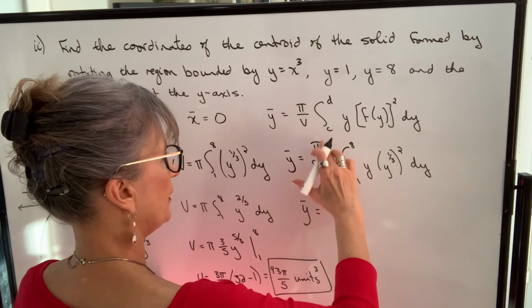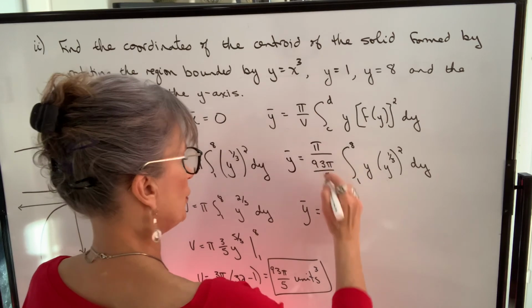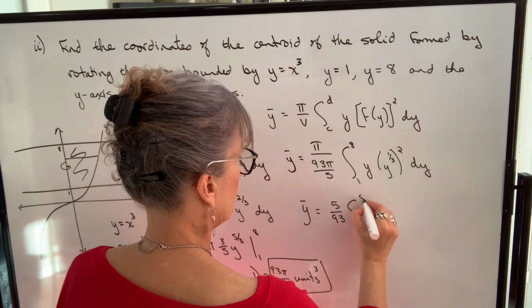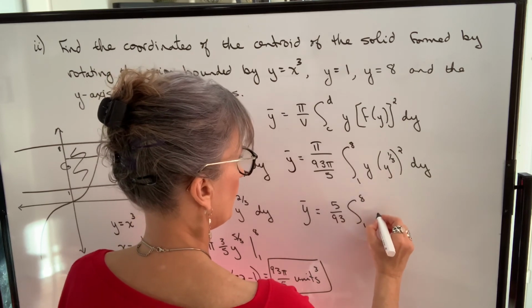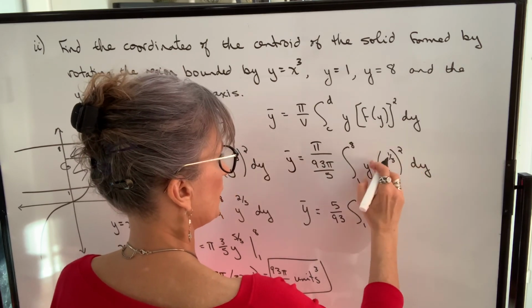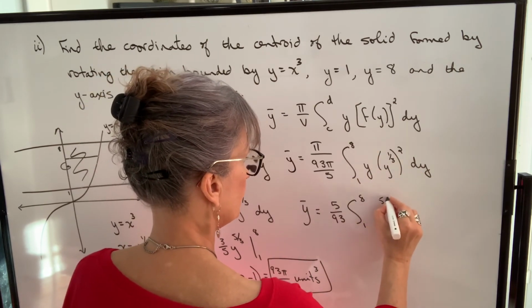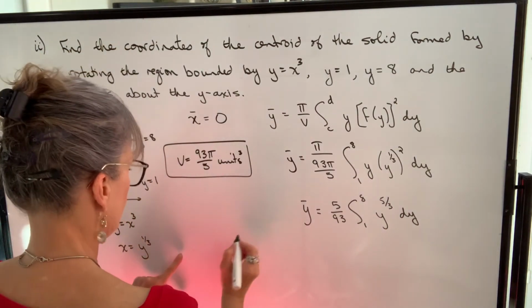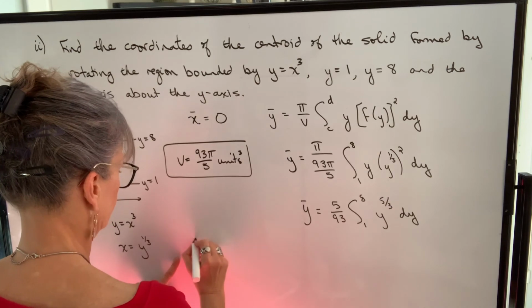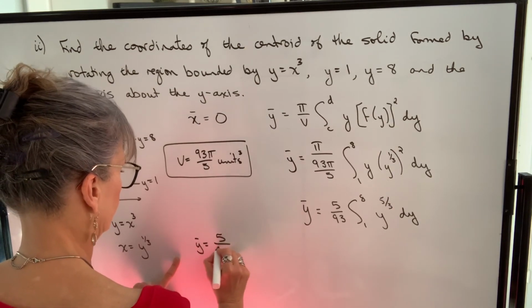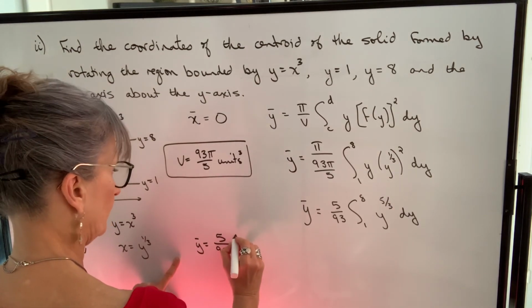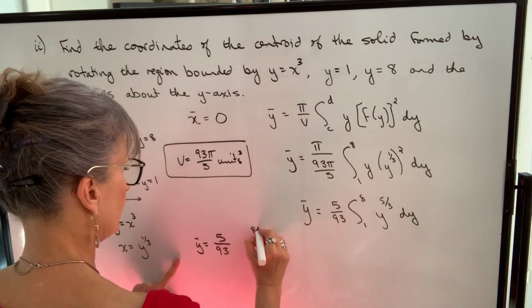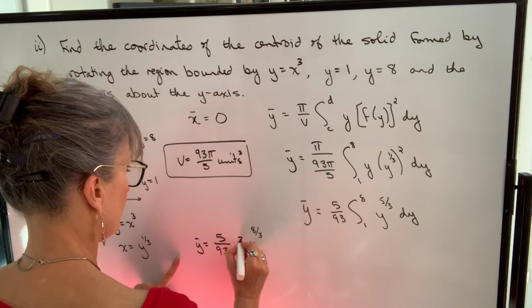The pi's will cancel, and I'll have 1 over 93 over 5, which is 5 over 93. Simplify this, so y to the 2/3 times y will be y to the 5/3. I'm going to integrate that. It will be y to the, we add 1, it becomes 8/3. We divide by 8/3, which is multiplying by 3/8.